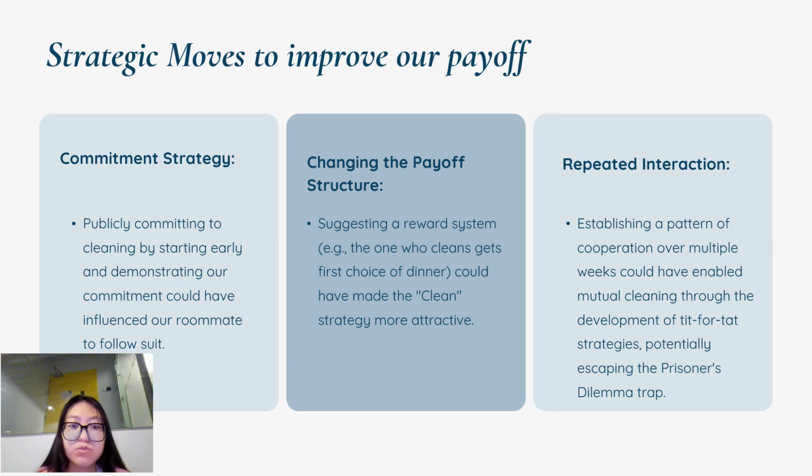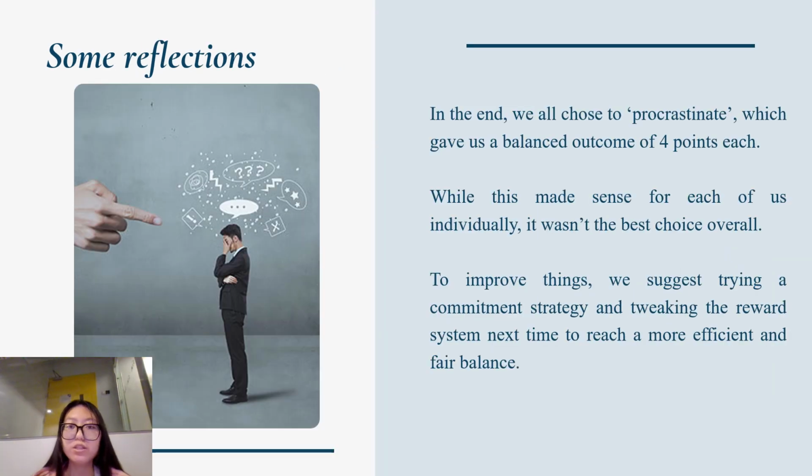We can set up rewards like letting someone choose dinner to make the cleaning option more attractive. Third, repeated interactions. By operating over time, we build a good relationship, which increases the chance of continued cooperation in the future.